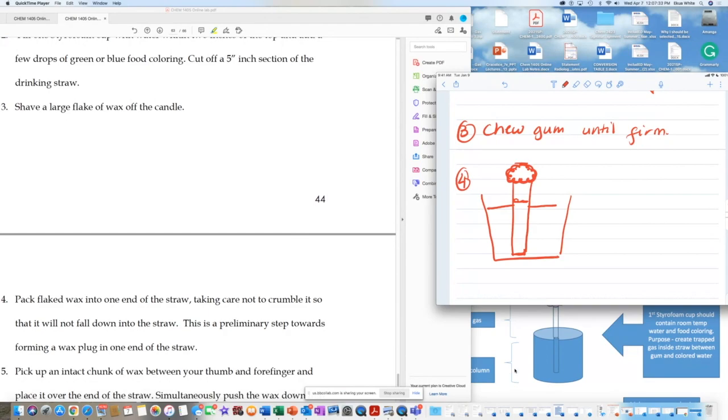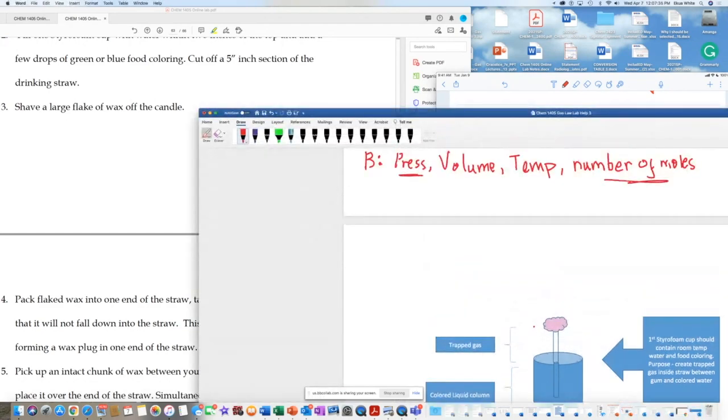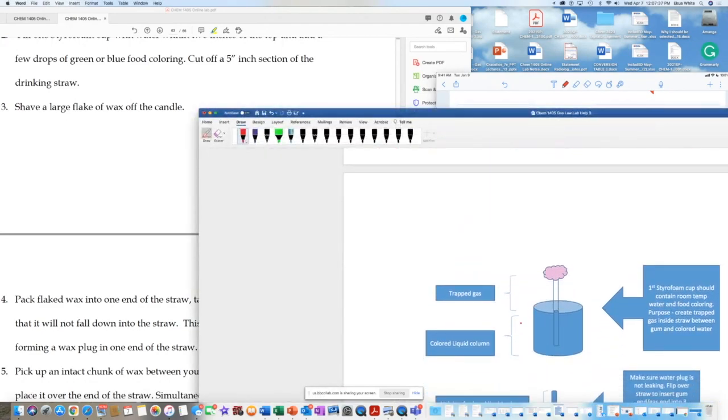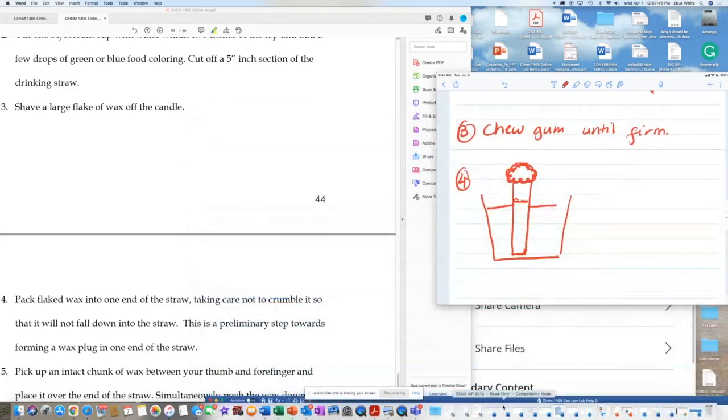I think that's what I had in the picture right here. So you want to make sure your straw is in the cup with the colored water before you place the gum on top, because the purpose of the gum is to create a gas pocket. So here you have the colored water, and it will act like a plug.